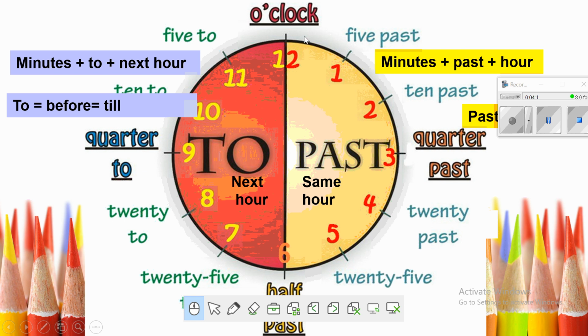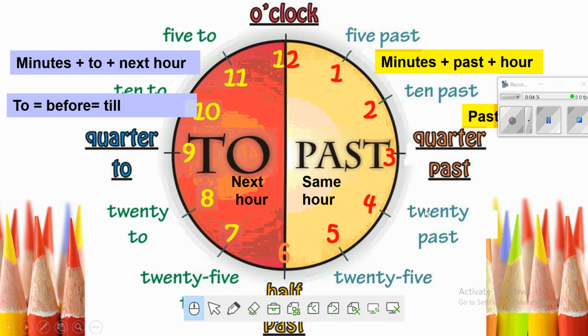So I don't know the hour. Let's skip by minutes. Okay? Here is o'clock. Number 1 is 5 past, for example, 2. So the minutes here for 1 is 5 past. Here is 10 past. Here is quarter past.